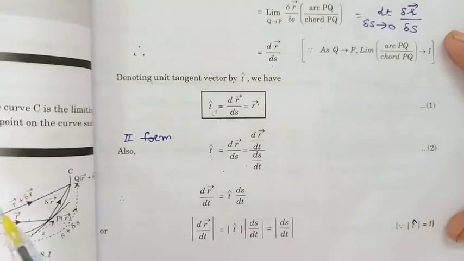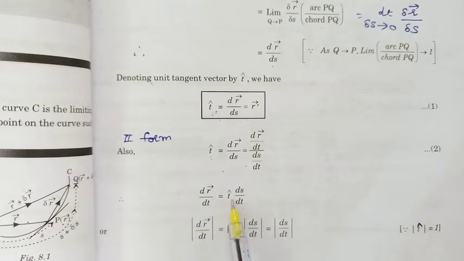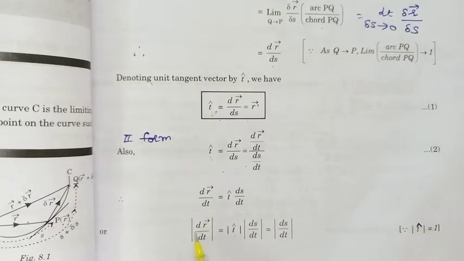Taking magnitude on both sides, the magnitude of dr by dt is equal to the magnitude of the unit tangent vector t cap into the magnitude of ds by dt. Now because t cap is a unit vector, its magnitude is 1. So the magnitude of dr by dt becomes ds by dt.